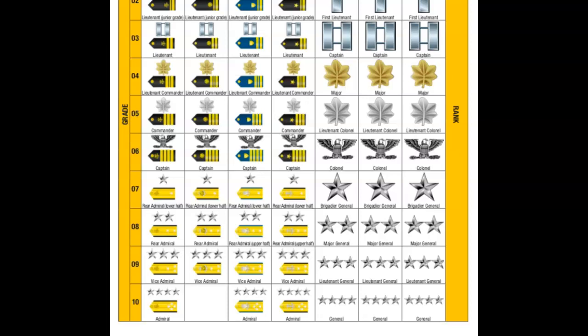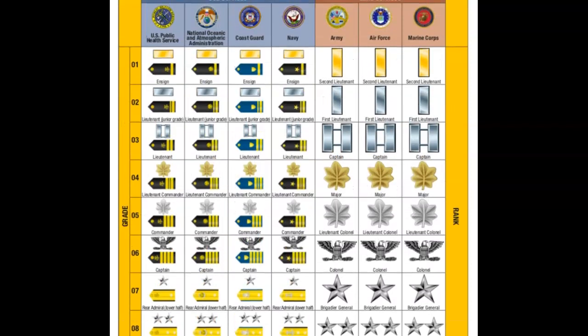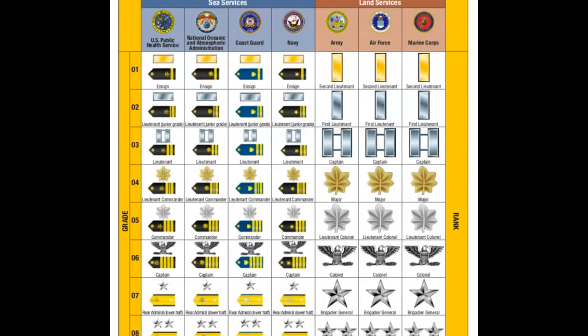And I'll just tell you a little story about my rank path. So I started out in the U.S. Air Force as a second lieutenant. They also called me Butterbar. And I got promoted to first lieutenant and captain.